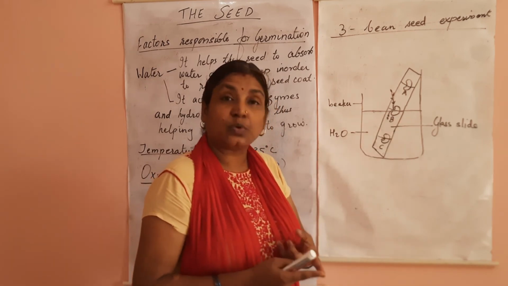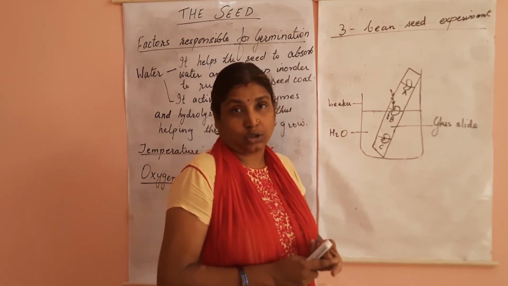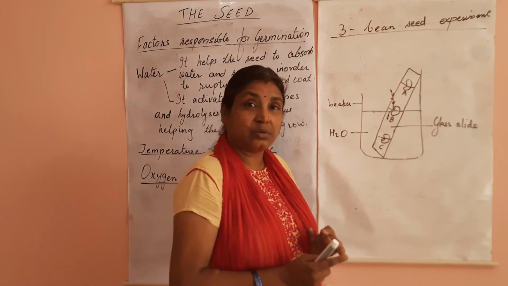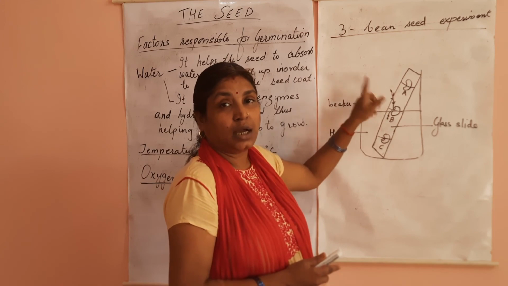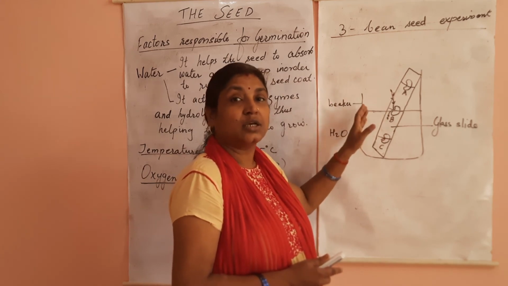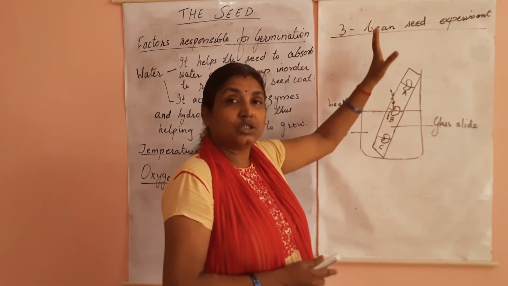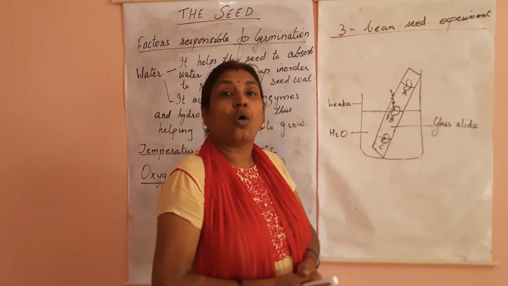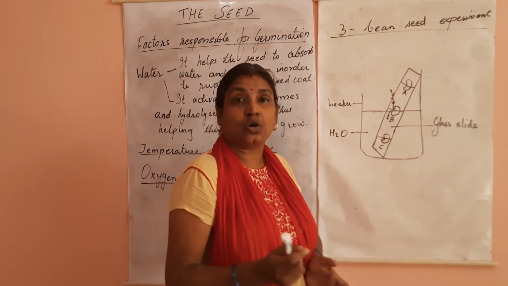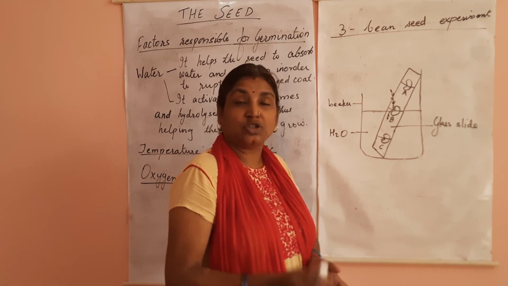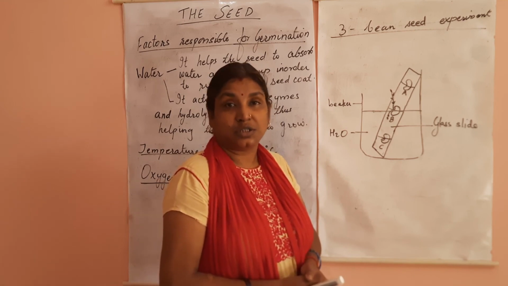As a result, it gets a proper amount of oxygen, suitable temperature and water. Since all three factors are available, the seed starts to grow into the radicle and plumule. It germinates and develops a small root system and a small shoot system. So this experiment proves that all three factors are necessary for seed germination: water, suitable temperature and oxygen.